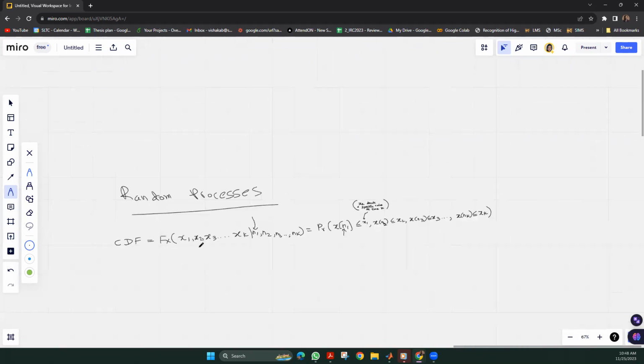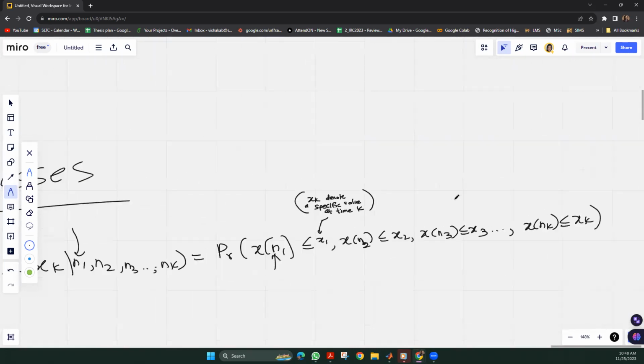The CDF function gives us the probability that the random variable values are below certain fixed values x1, x2, x3 up to xk.